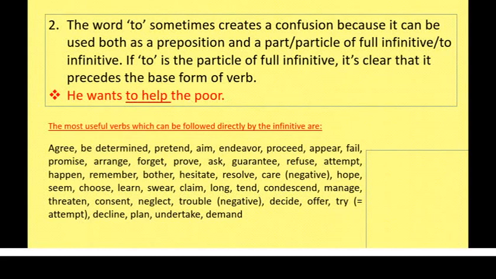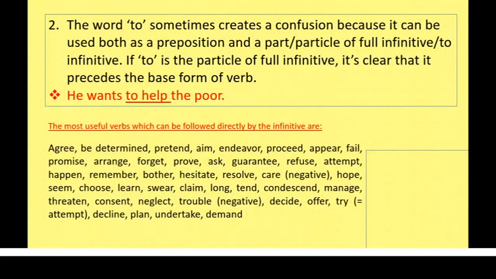You should know that the word to has different uses. It can be used as a preposition, it can be used as an infinitive marker, and it can be used as an adverb. Here you should know about the first 2 uses of the word to.